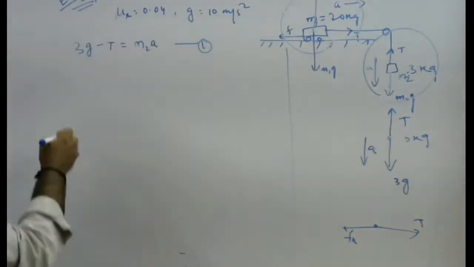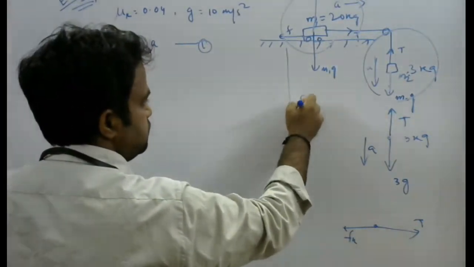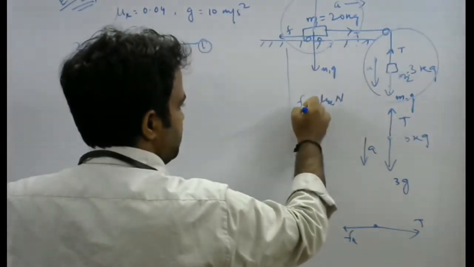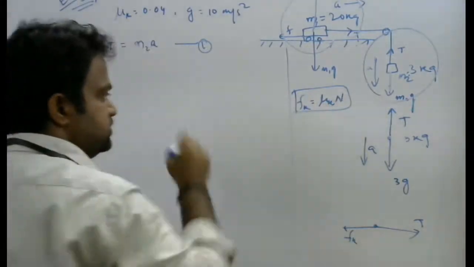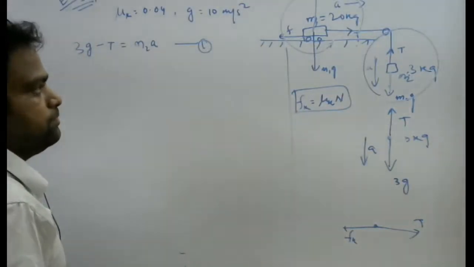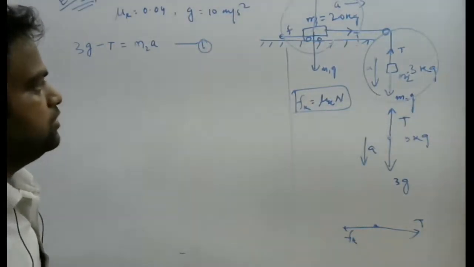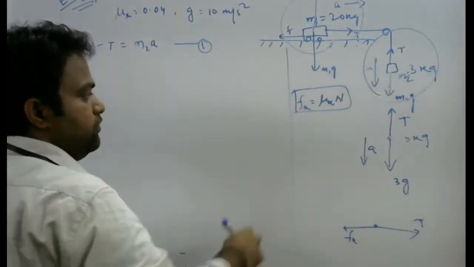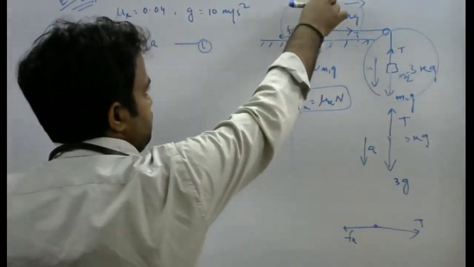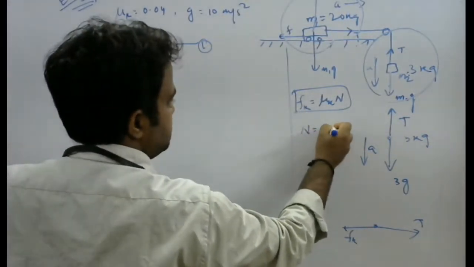You know that F is equal to mu K N, or Fk is equal to mu K N. This is the relationship, or F by N is your tan theta, or your coefficient of friction, mu K. Also from this diagram you can see that N is equal to M1G.